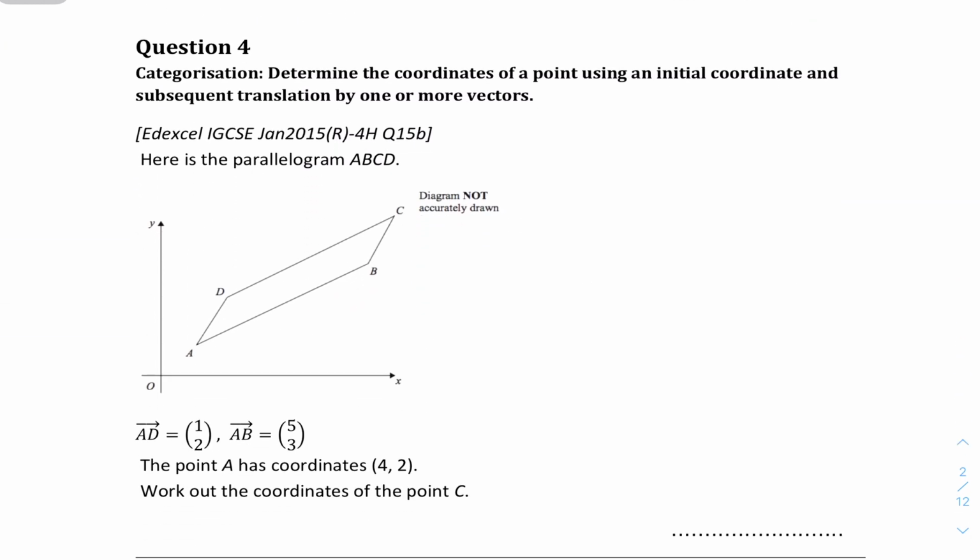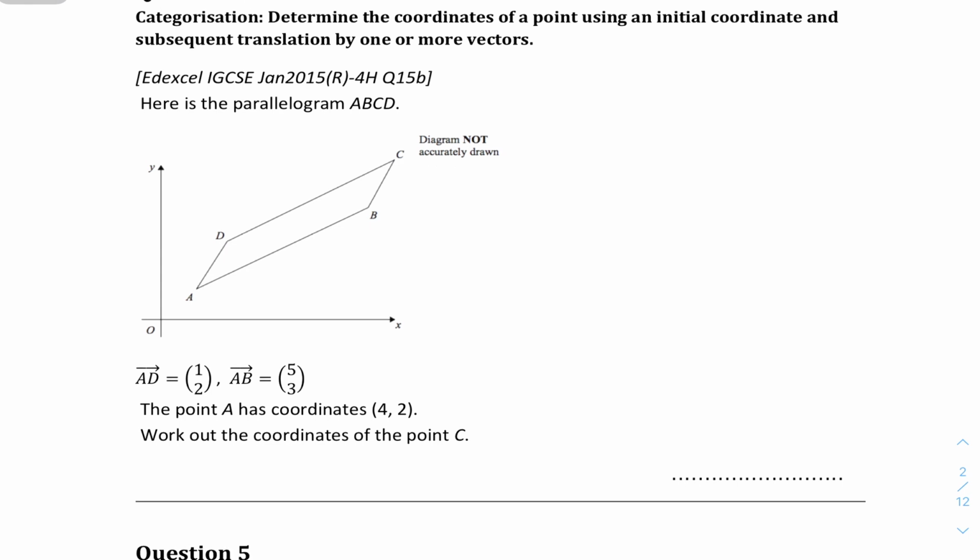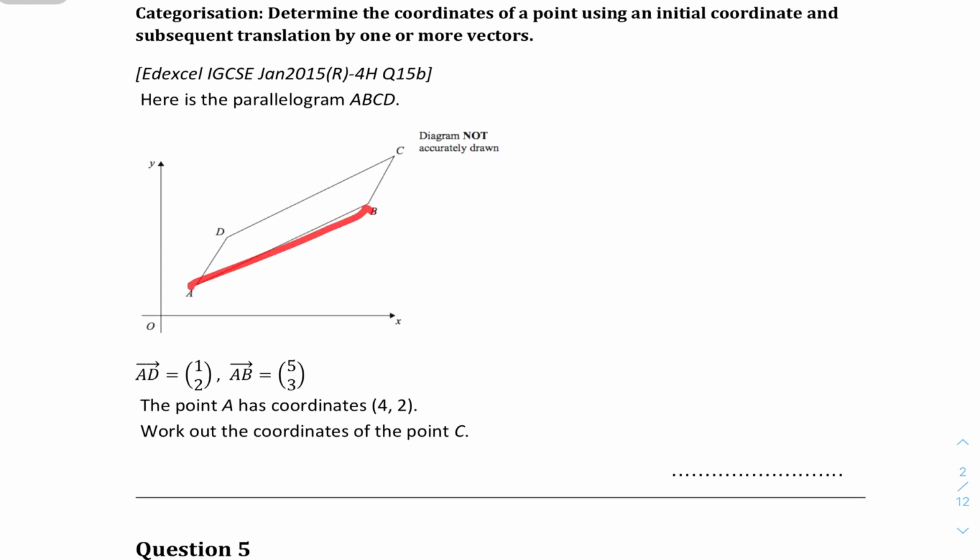And question 4, the point A has coordinates (4, 2), so this here is (4, 2). Work out the coordinates of point C. And we know that it's a parallelogram, so opposite sides must be parallel. That means AB must be equal to DC, or AD must be equal to BC.